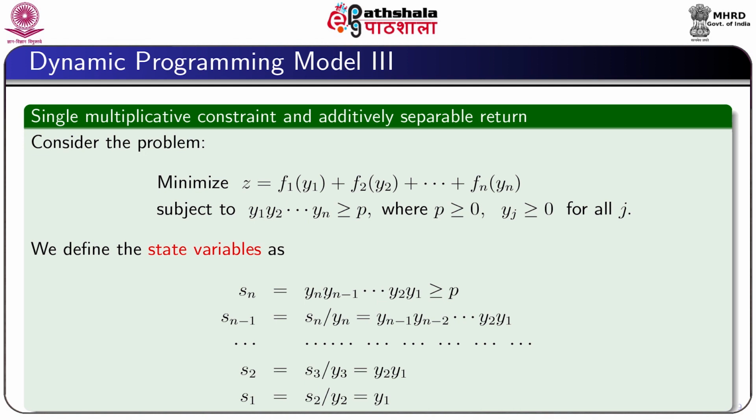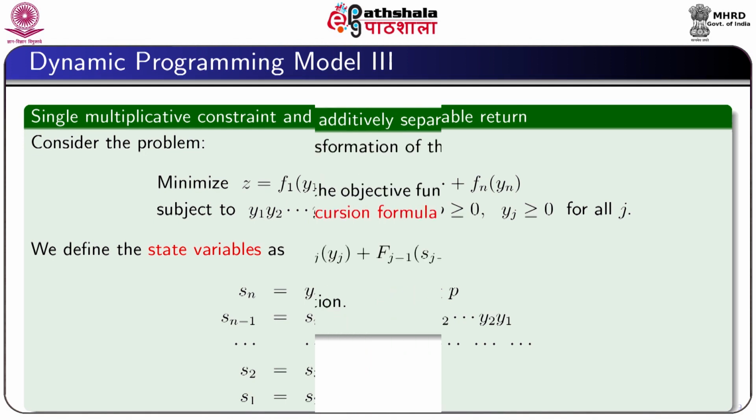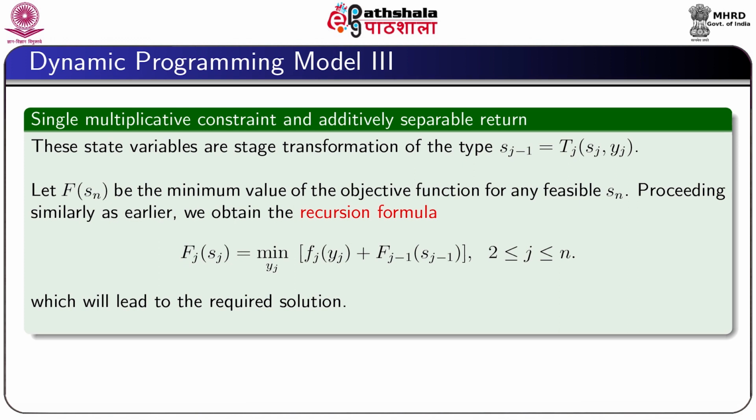And similarly, we get S2 equal to S3 by y3, which is equal to y2 into y1, and finally, S1 equal to S2 by y2, which is equal to y1. These state variables are stage transformation of the type Sj minus 1 equal to Tj into Sj yj.